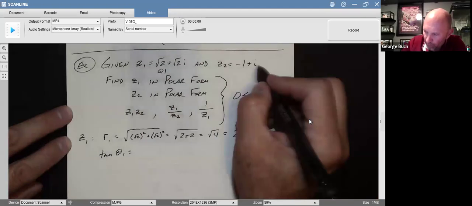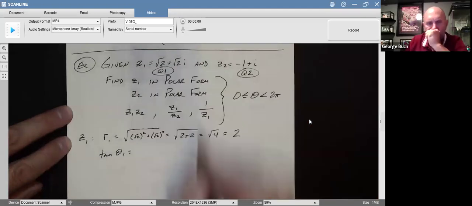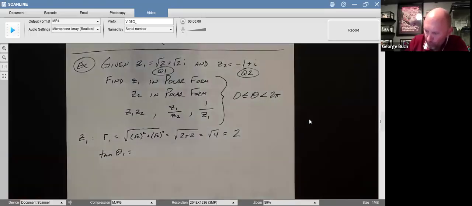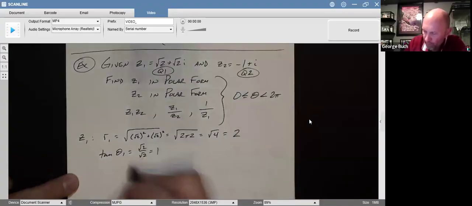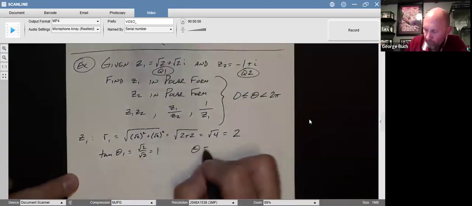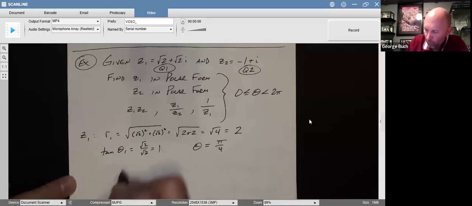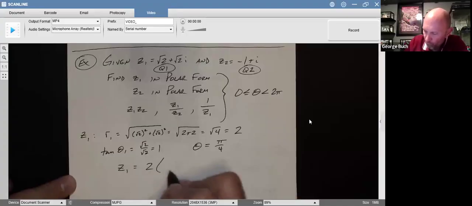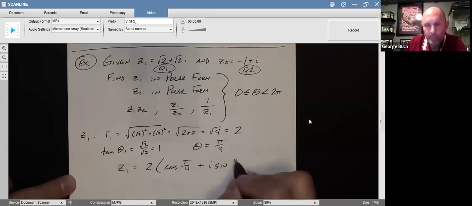Z2, negative, positive, so that's quadrant 2. So tangent of theta 1 is root 2 over root 2, which is 1. And in quadrant 1, tangent is equal to 1 at pi over 4. So Z1 in polar form is equal to 2 times cosine of pi over 4 plus i sine of pi over 4.